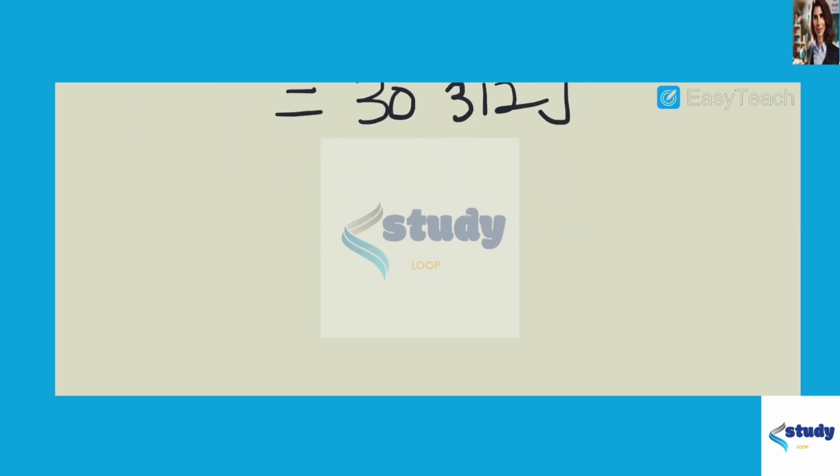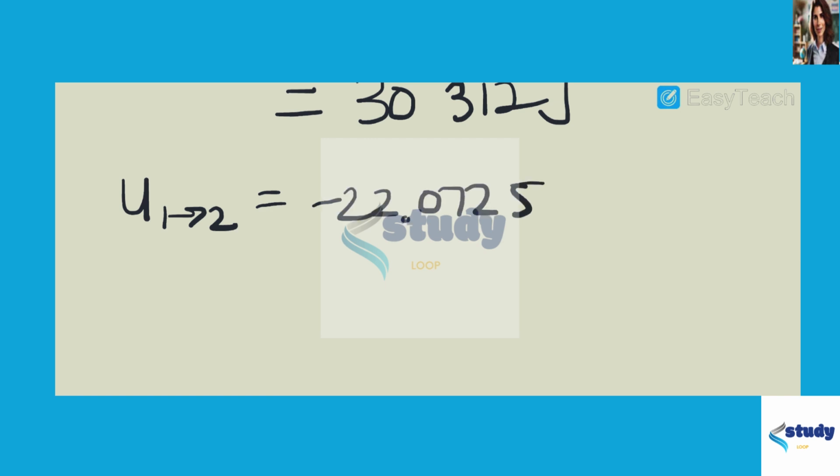Now, if we look at the total work done in the entire system over the course of this motion, U12 is going to be equal to the work done by gravity, which is negative 22.0725 joules, plus the work done by the lower spring, so plus 3.0074 joules, minus the work done by the upper spring, which again is unknown.